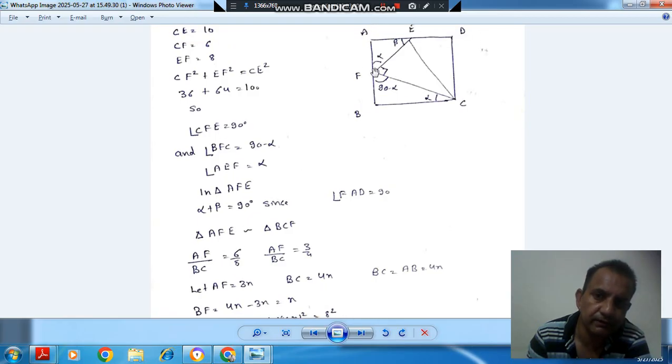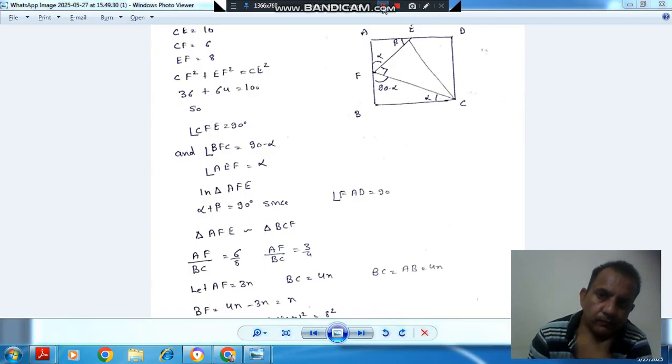It means AF by BC will be EF by FC, and EF is 6 and this is 8 from the similar triangle property, because the side in front of 90 in this triangle is EF, and the side in front of beta is this side. So AF by BC is equal to 6 by 8, or AF by BC is 3 by 4.